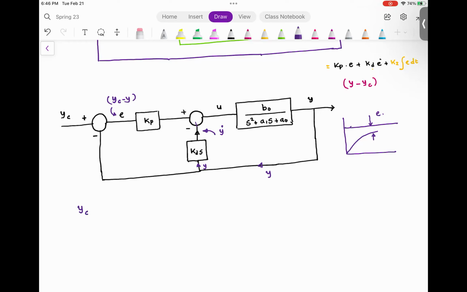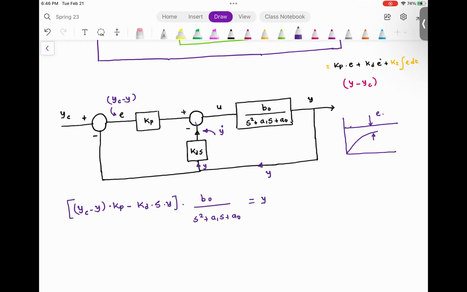Just for the first case, (yc minus y) multiplied by kp minus kd times s times y, multiplied by b naught divided by s square plus a1s plus a naught, is equal to y. This is the total equation.